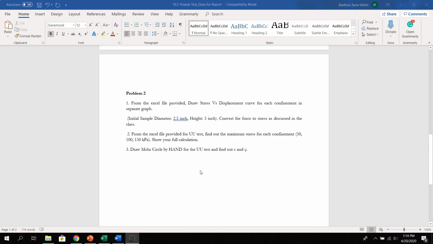Then you have to calculate sigma 1, which will be confining stress plus deviator stress. From sigma 1 and sigma 3, you have to draw 3 Mohr circles in one paper, and then you have to draw your Mohr-Coulomb failure line, and in a similar process you have to calculate your shear strength parameters.